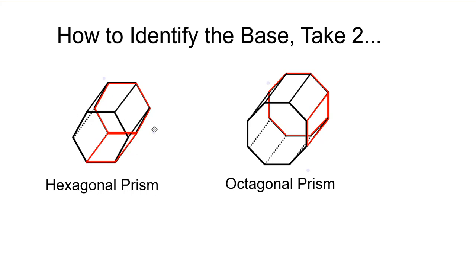So all you have to do is look at the faces and look for a shape that's not a rectangle. On the hexagonal prism, we've got 6 rectangles and 2 hexagons. So what face is not a rectangle? The hexagon. And that tells us that the hexagon has to be the base.